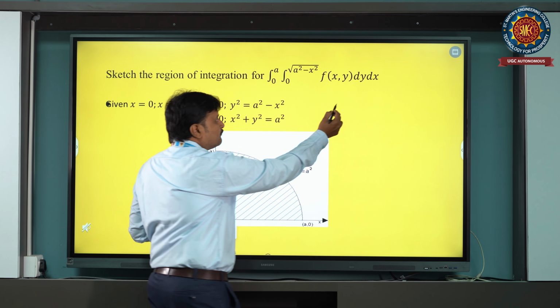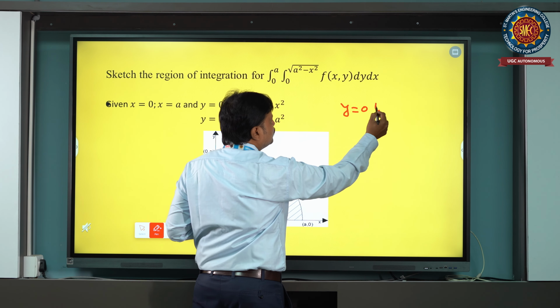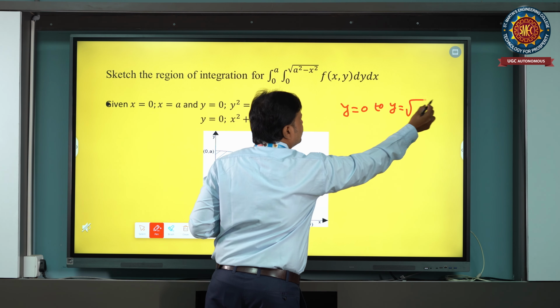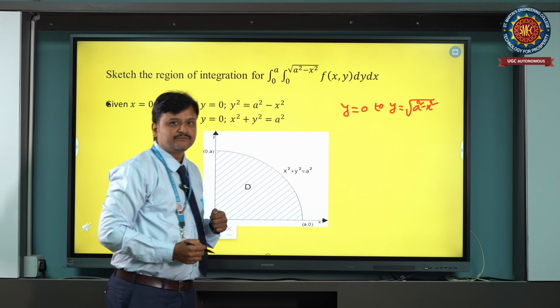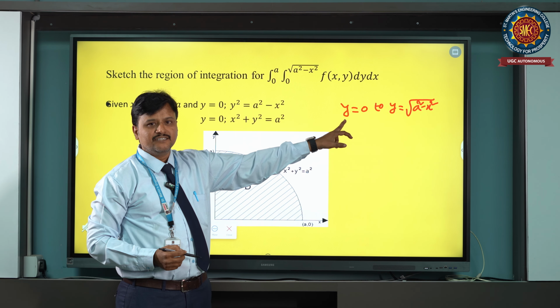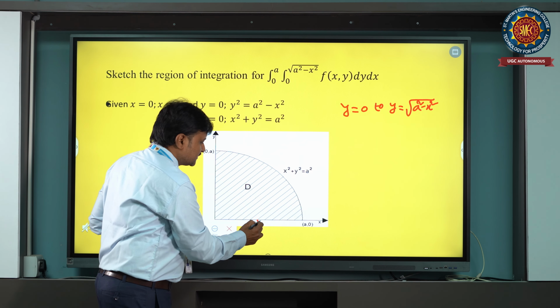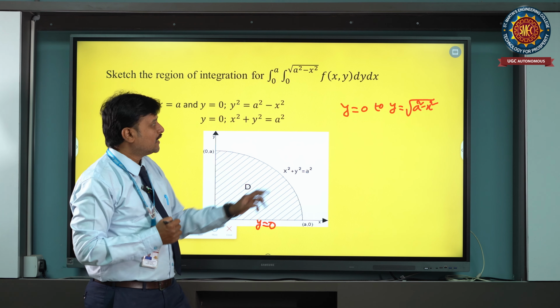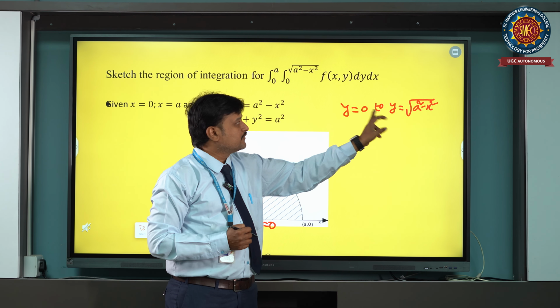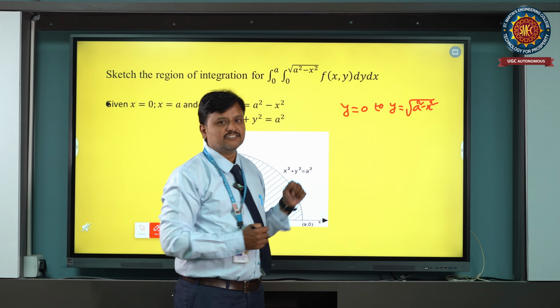Here y is equal to 0 is nothing but the x axis. On the x axis, the y coordinate is 0. And y is equal to square root of a square minus x square.